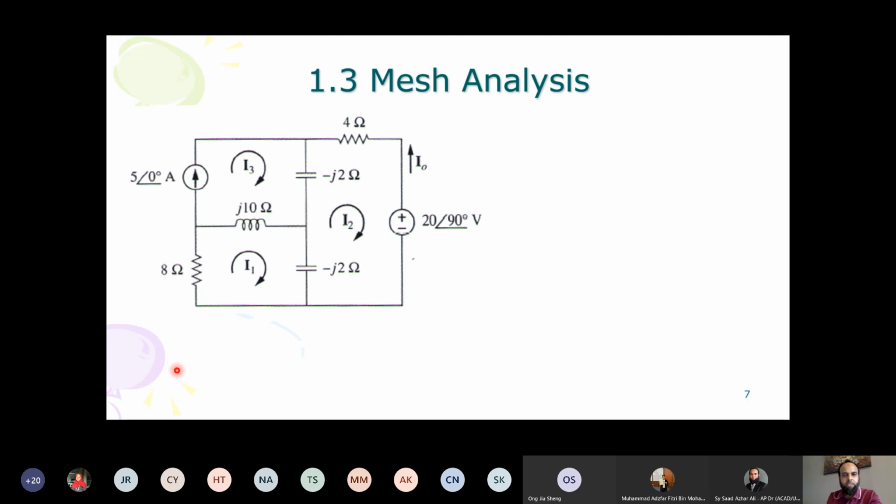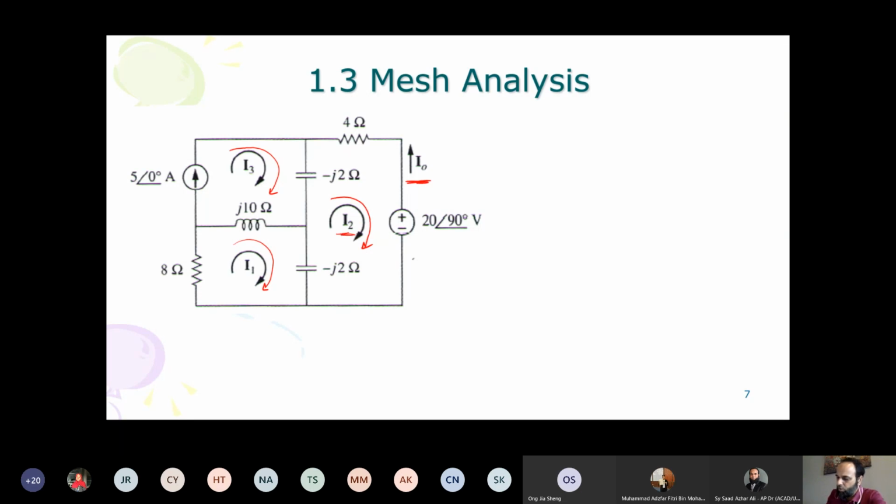So we know that there are 3 loops here. This one. By the way, we will come to that, but I0 is actually equal to negative of I2.